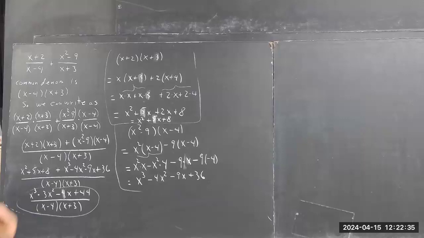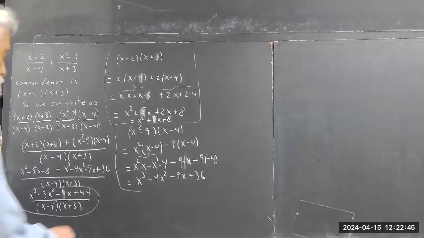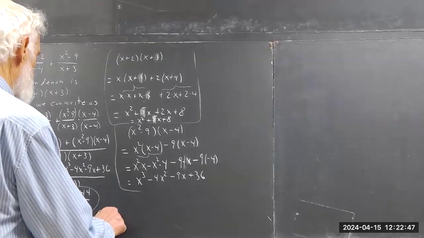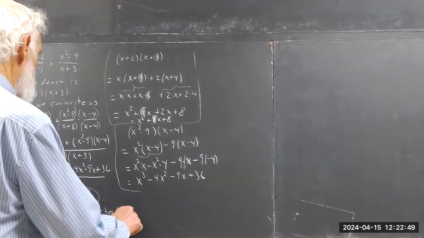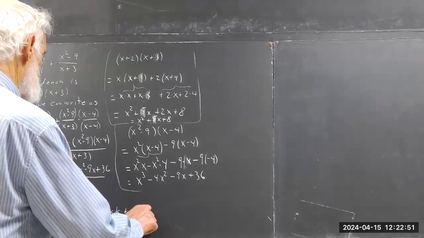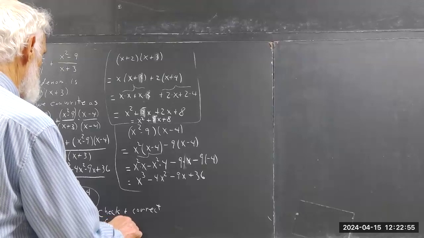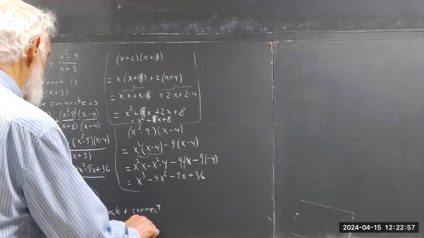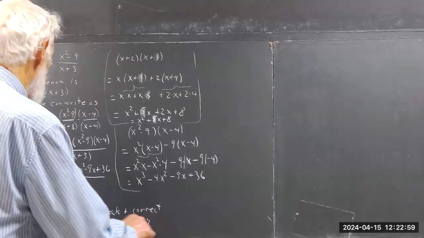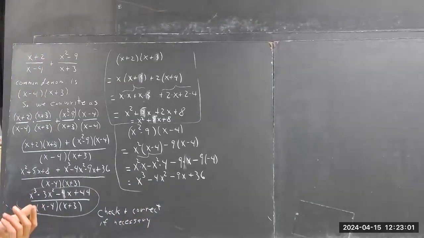And that's when I located the error that I'd written x minus 4 instead of x plus 3. Okay, so last thing I'll say is check, and correct if necessary. Usually, x equals 1 gives you a good check.